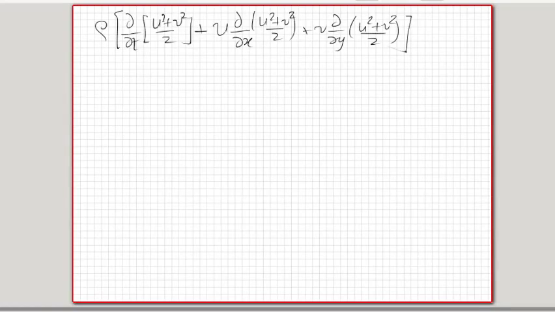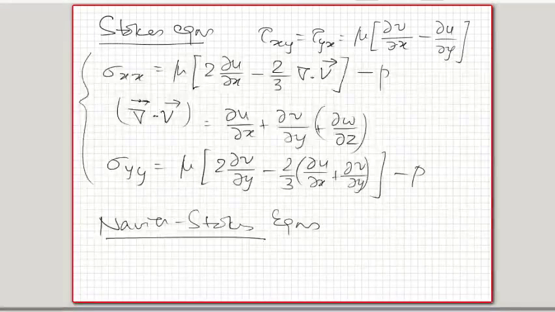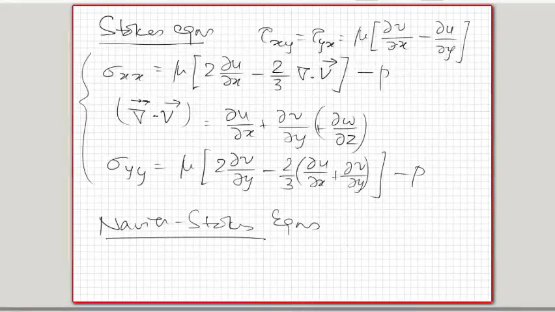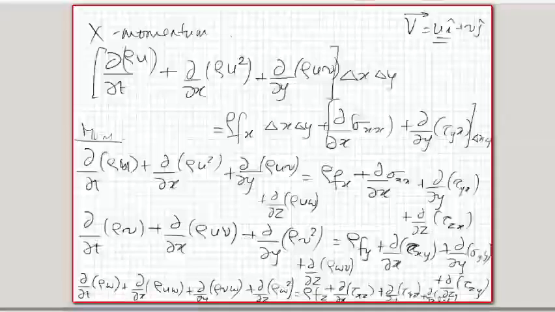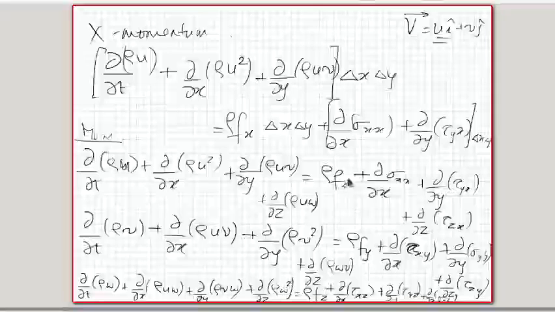Similarly, if I write the right hand side of this, so what am I doing? I am taking the x momentum equation, which is this one. So the right hand side of this will be multiplied by u. So you will have a rho fx into u.